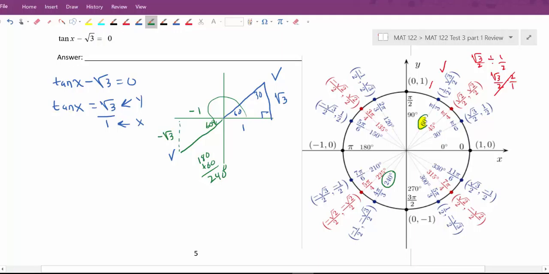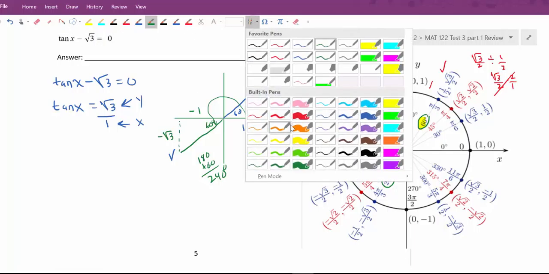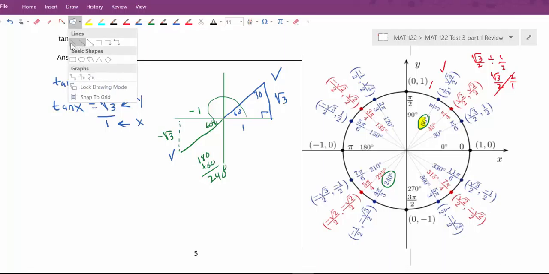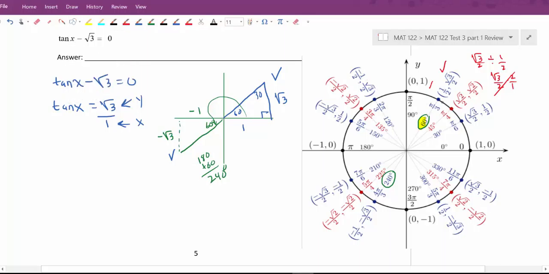What's special about a tangent is that these angles are already 180 degrees apart. That's why I'm drawing this little thing there. The distance from there to there is 180 degrees.